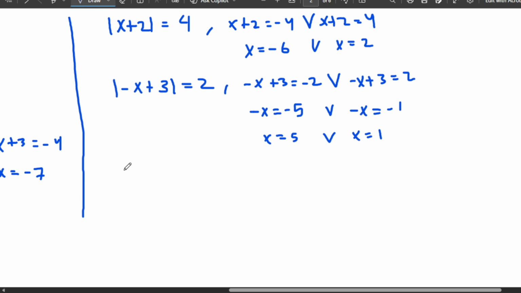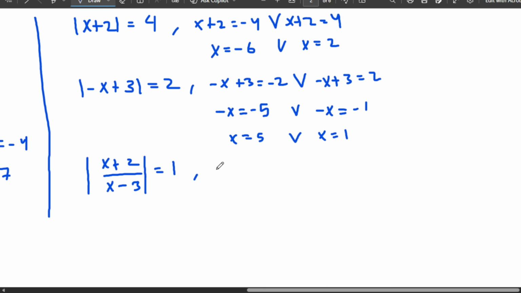What if we have the absolute value of x plus 2 over x minus 3 equals, let's say, 1. So again, two possibilities. x plus 2 over x minus 3 equals negative 1, or x plus 2 over x minus 3 equals positive 1.